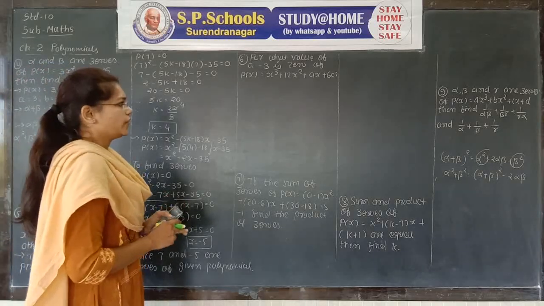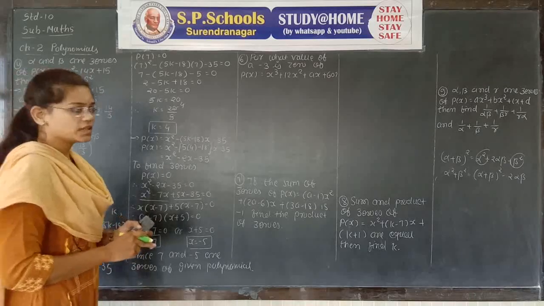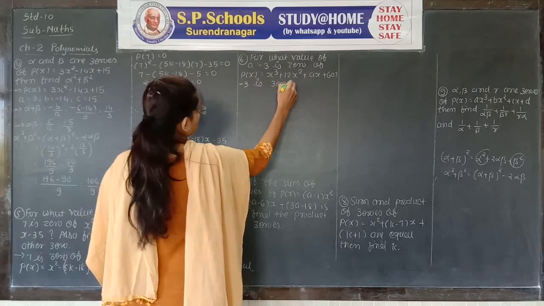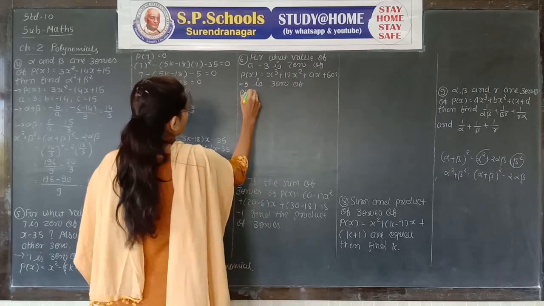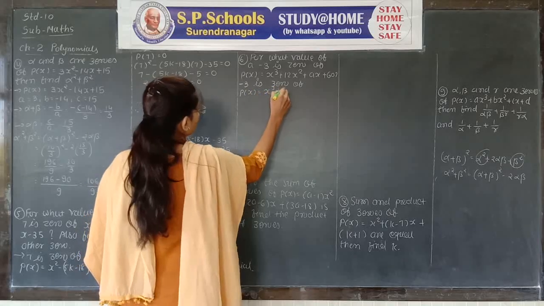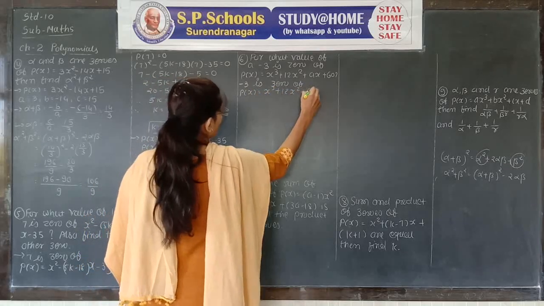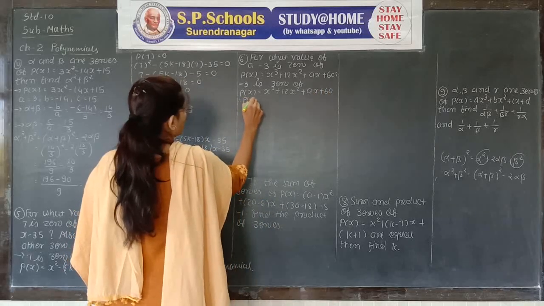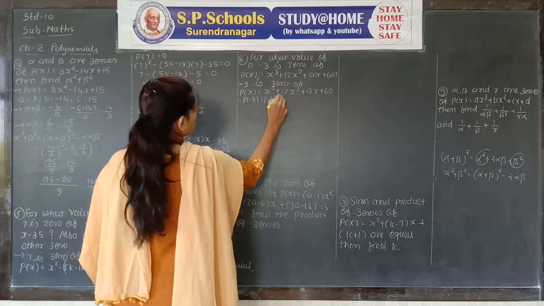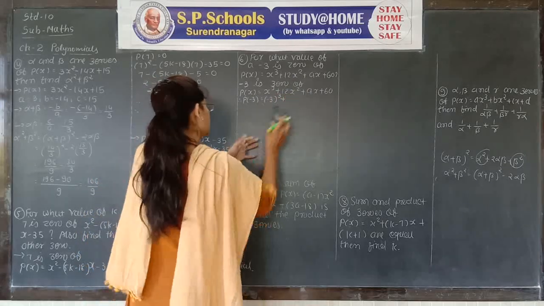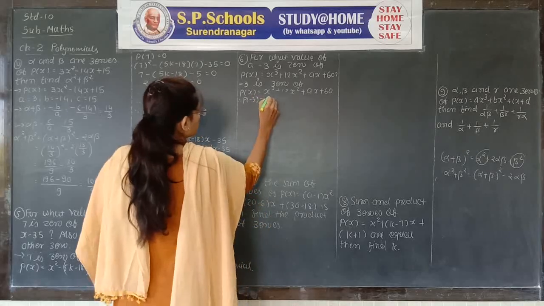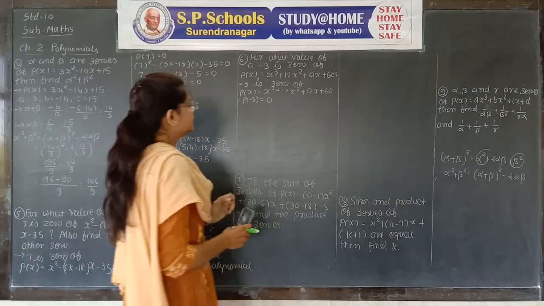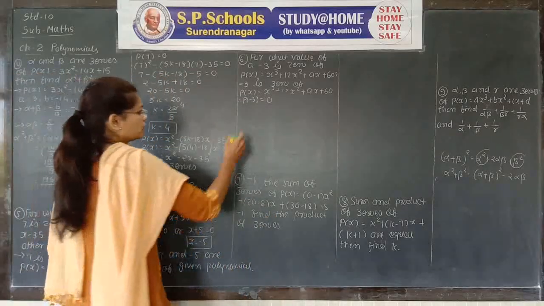x cube plus 12x square plus ax plus 60. Minus 3 is a zero of P of x is equal to x cube plus 12x square plus ax plus 60. That's why P of minus 3 is equal to 0, because minus 3 is a zero. If you take it directly, then write 0 instead of P of minus 3.